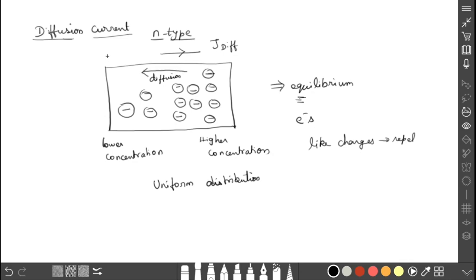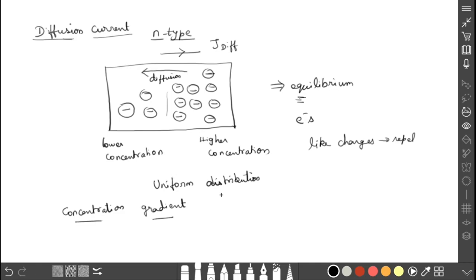Okay, so here the diffusion current is proportional to the concentration gradient. What is that? Concentration gradient. Now we have to understand what the concentration gradient is. The concentration gradient is the difference in concentration of electrons or holes in a given area. Now you see, in this area more electrons, in this area fewer electrons.